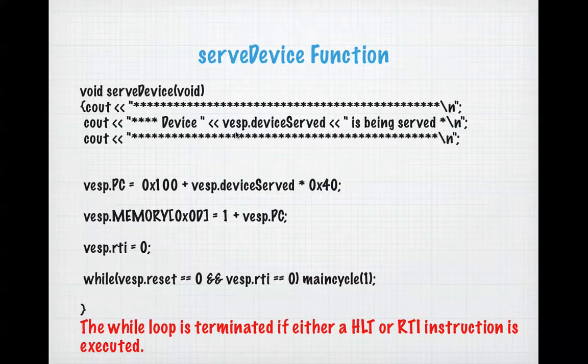That same device served ID, the ID of the device that is being served, will be, as I mentioned in the earlier slide, multiplied by hexadecimal 40 and added to 0100 to determine the location of the first instruction in the interrupt service routine that was matched to that interrupting device.